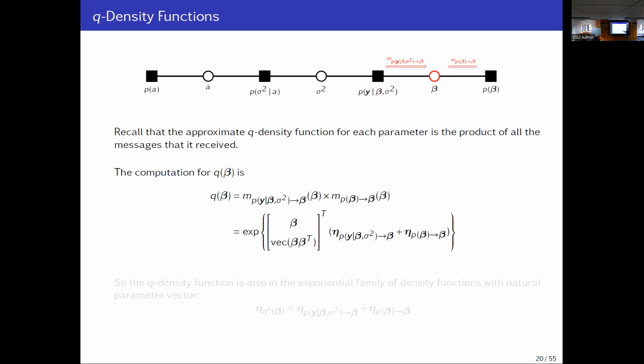So when you're working out the natural parameter vector for the Q density function, it would just be the sum of these component-wise natural parameter vectors. And that's what we have in the second line there. That's just a nice result that comes across because we're restricting things to the exponential family.